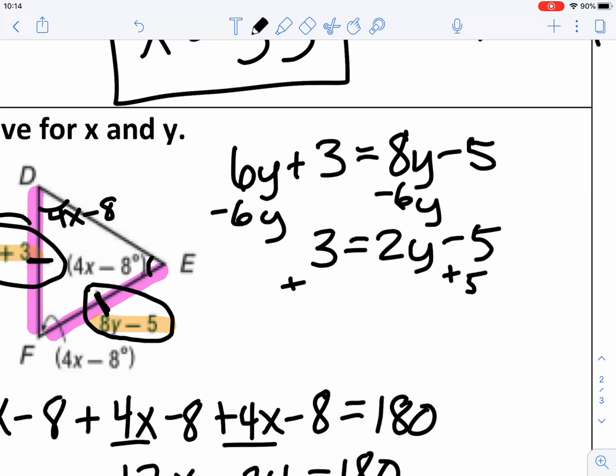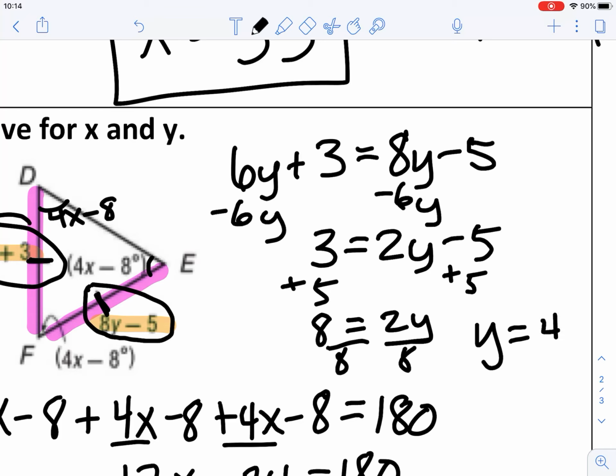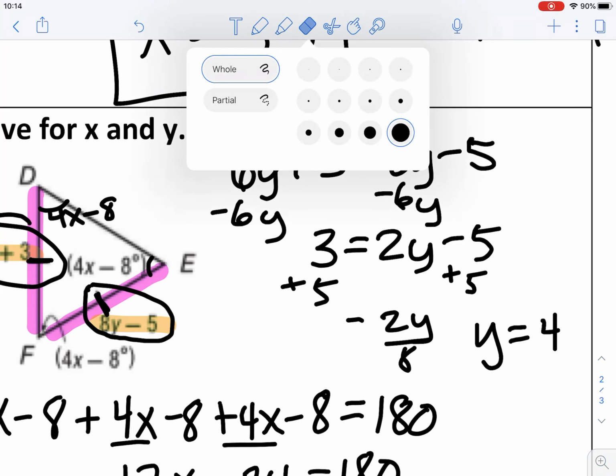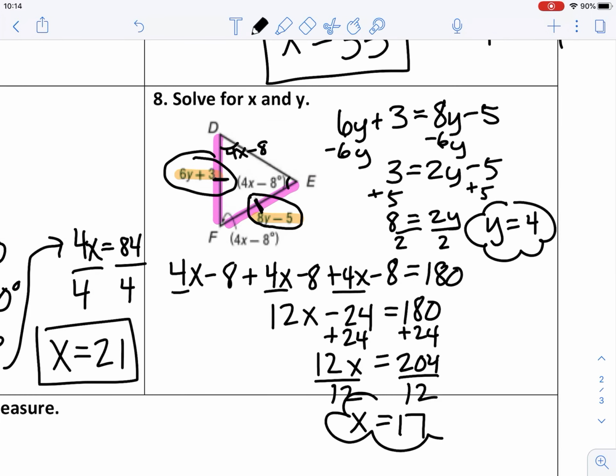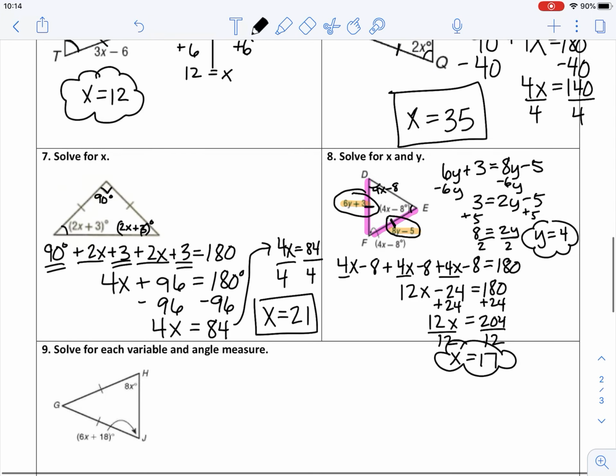We'll add 5. 8 is equal to 2y. And in dividing both sides by 2, we can conclude that y is equal to 4. And there we go.